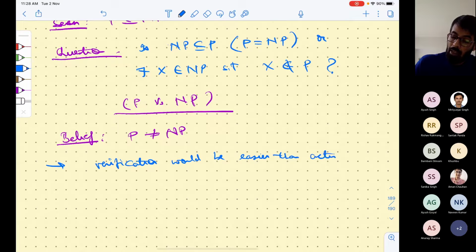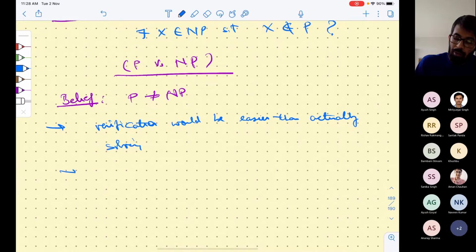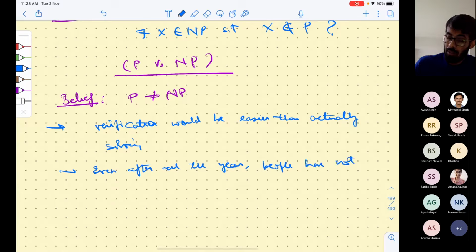And also, even after all the years, people have not been able to show any polynomial time algorithm for any NP-hard problem.